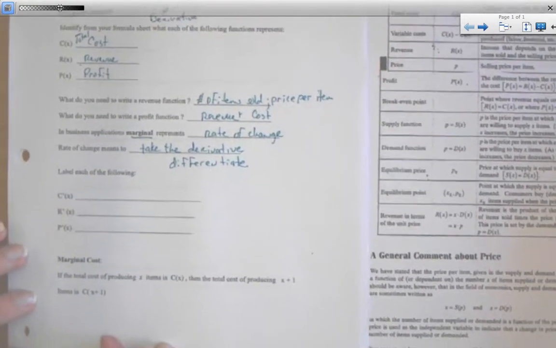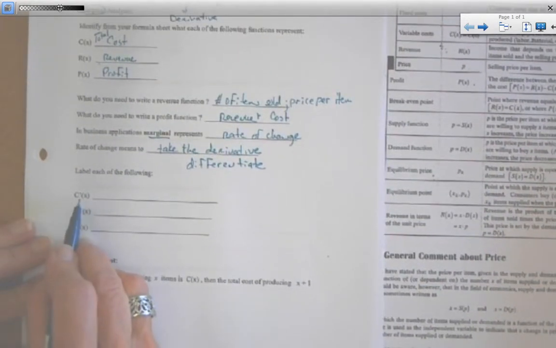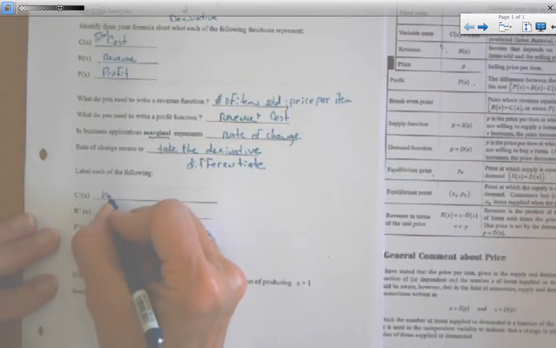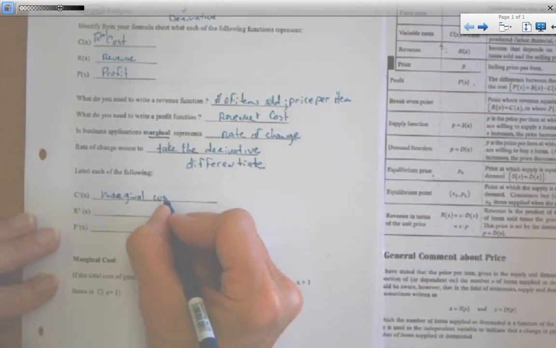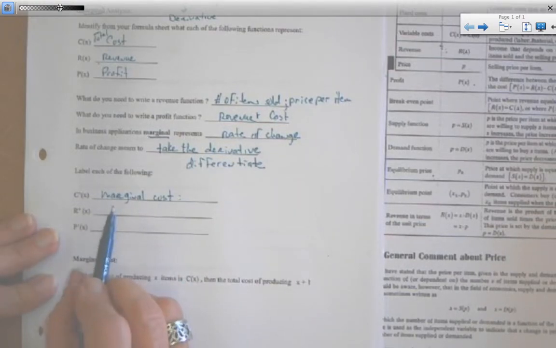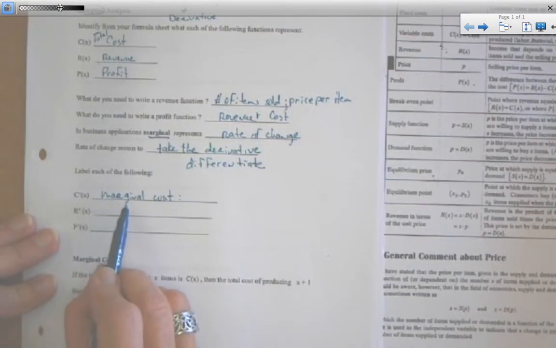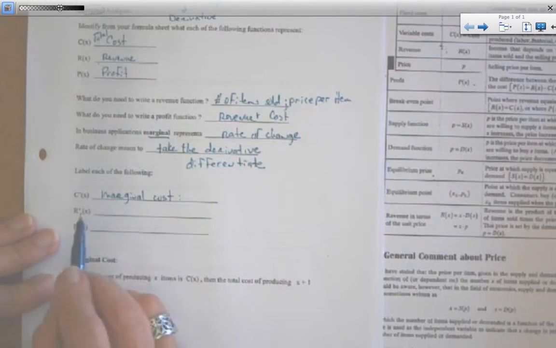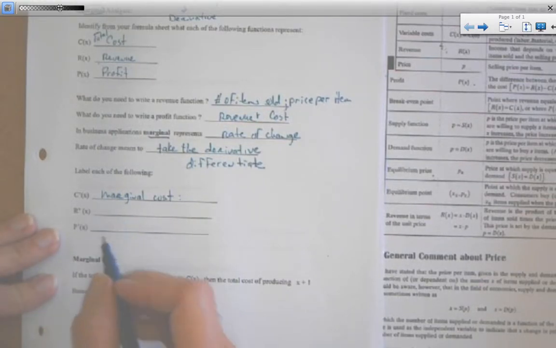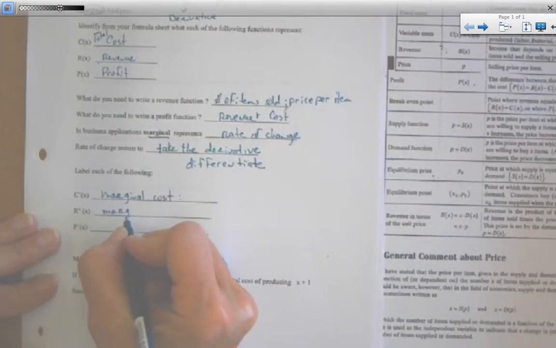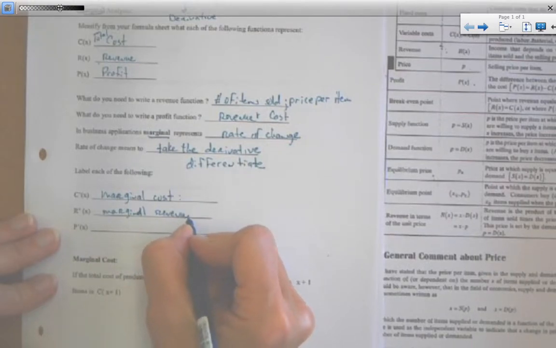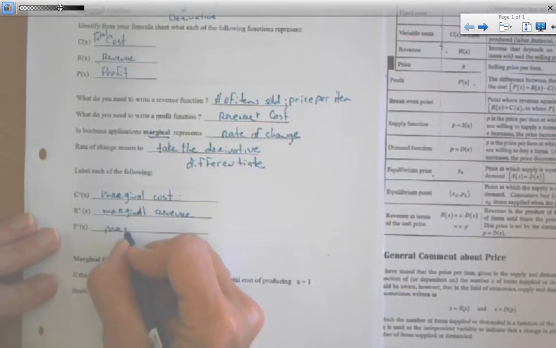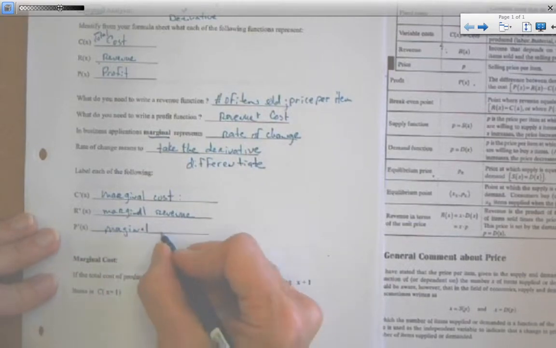So when you see C prime, it's not just the derivative of C, it means marginal cost. So notice that we changed the words from rate of change of cost to marginal cost. R prime is not just R prime, it's marginal revenue. And P prime is marginal profit.